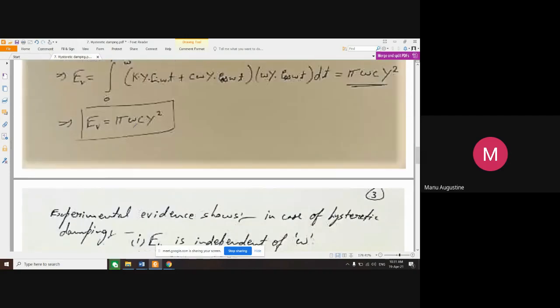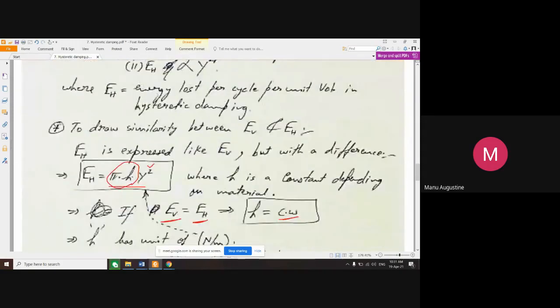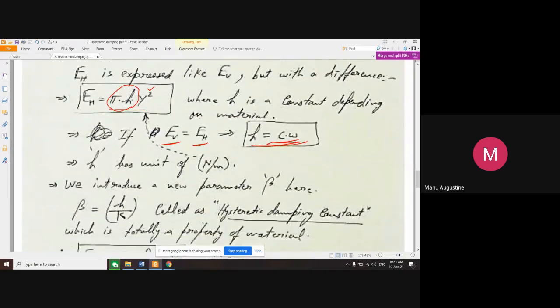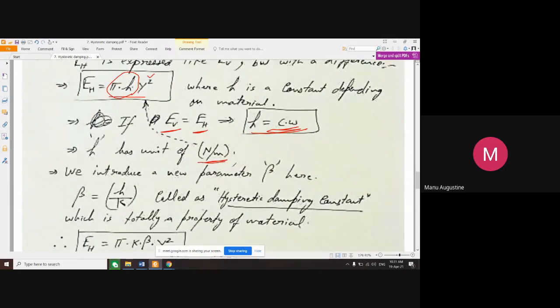See, we have pi omega c y square. Here we have pi h y square. So this h must be clearly equal to c into omega. And this h has a unit of Newton per meter. You find out how. Okay. This I leave to you to deduce why the unit or the dimension of h will be Newton per meter.